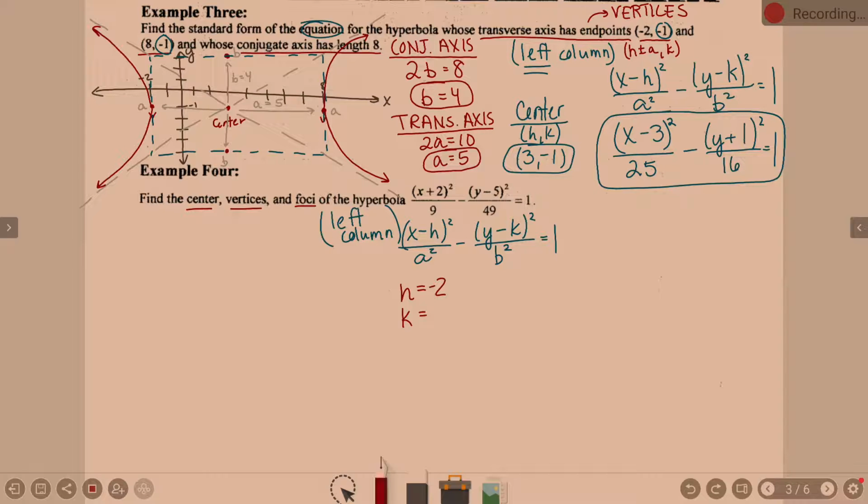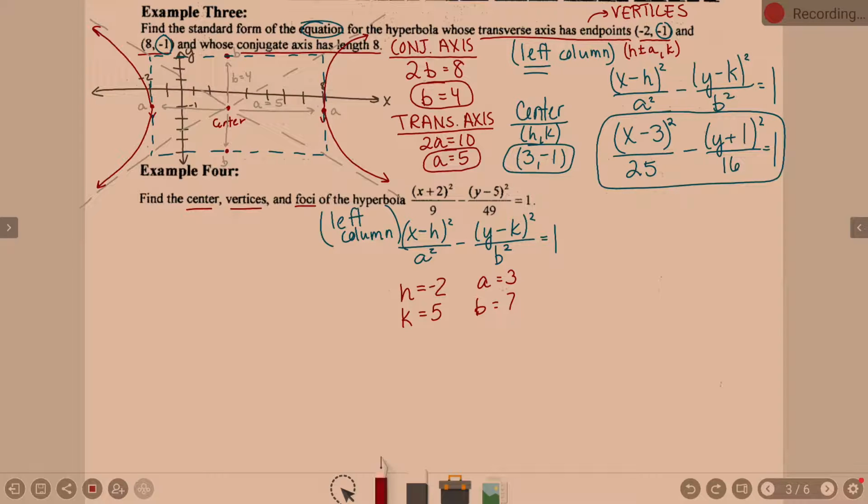K is 5. Comes from the y. What is a? 3. Square root of 9 is 3, and that goes under the first fraction. What is b? 7. Square root of 49.